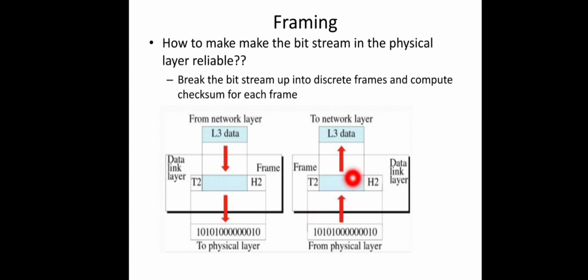So at the receiving side, how can the data link layer in this machine find out individual frames, where the frame starts and where the frame ends? Only then can it group those bits together, find the checksum and all, and remove the header and trailer part, right. So how to find the starting and ending of each frame?